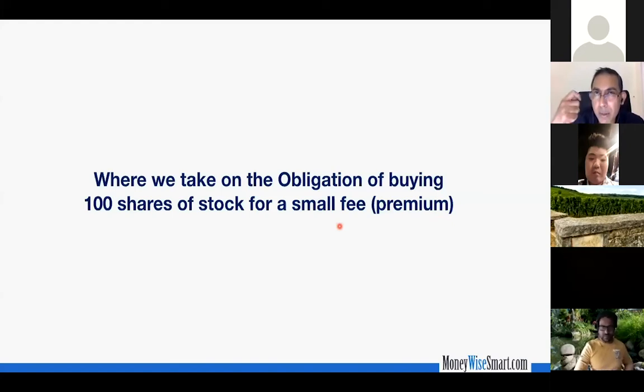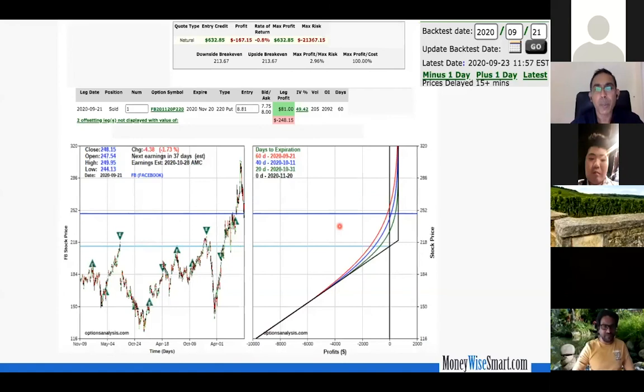The buyer pays the premium, the seller receives the premium, but against that small premium, the seller is also assuming an obligation. And that obligation is to buy those 100 shares of stock, which the buyer might sell to you by exercising the option. So here is the payoff diagram of how selling a put option looks like.